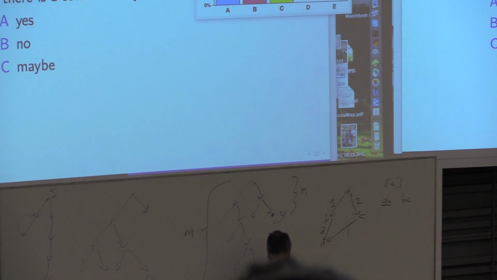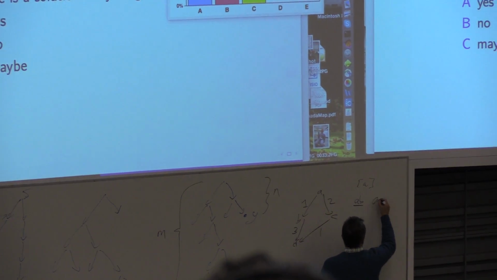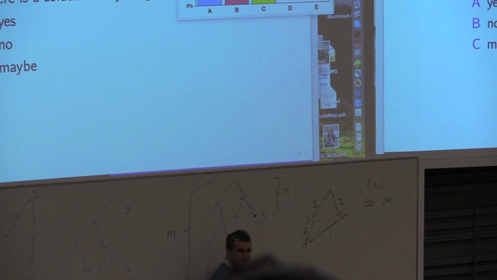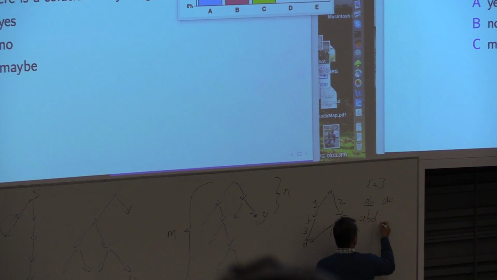Then it's going to add this to the frontier. Then it's going to have what? ABD. What's the length of this? 4. And there's also AC on the frontier here.